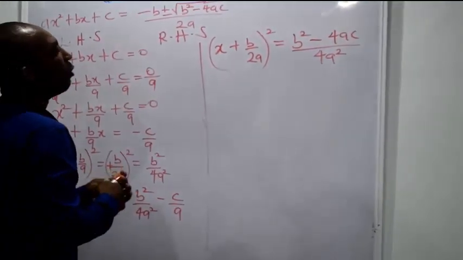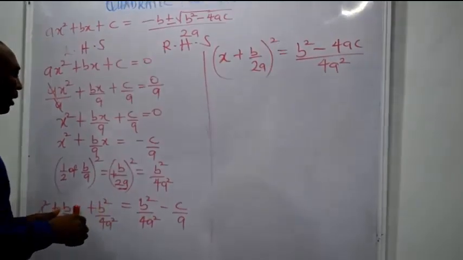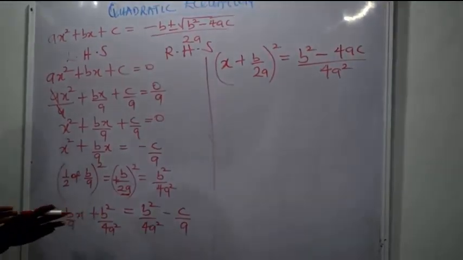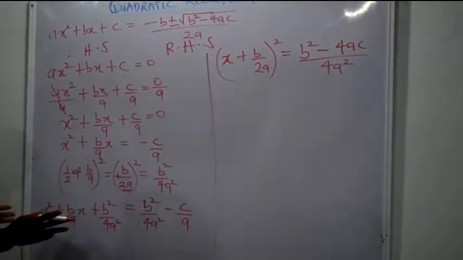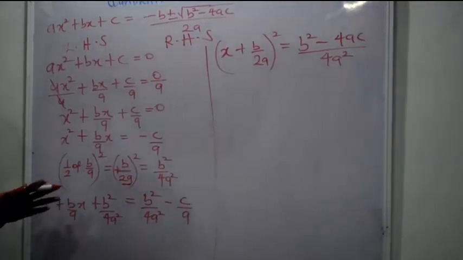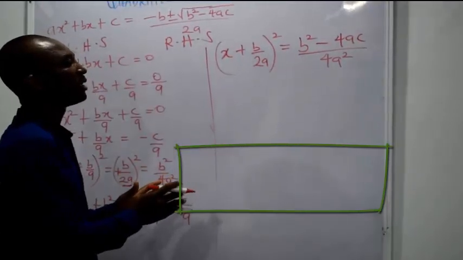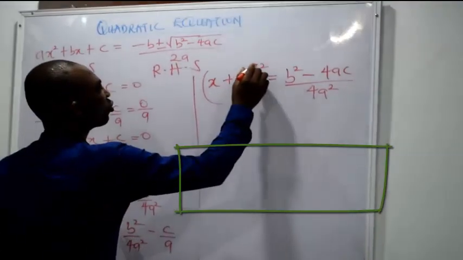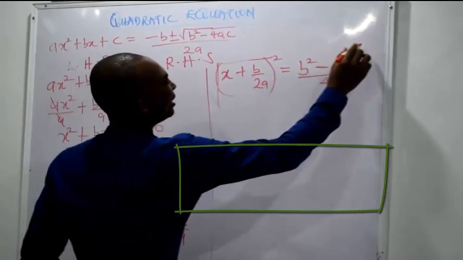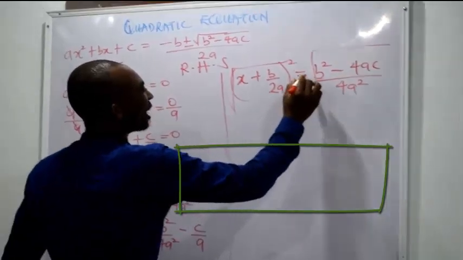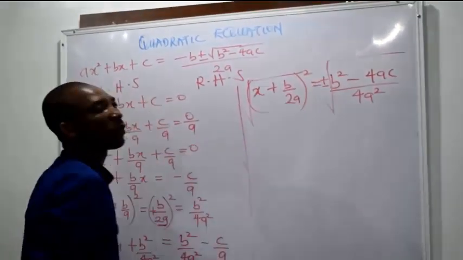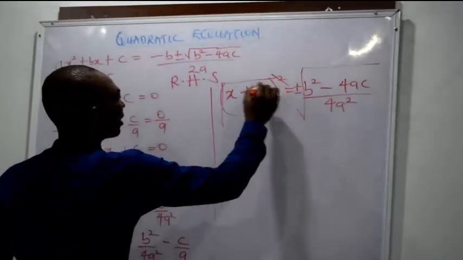Now, from here, how do we go about this? This now becomes what we call an irrational root. How do you go about an irrational root? You square the both sides. And don't forget, when you are squaring both sides, your plus or minus must be there. So this will cancel this.